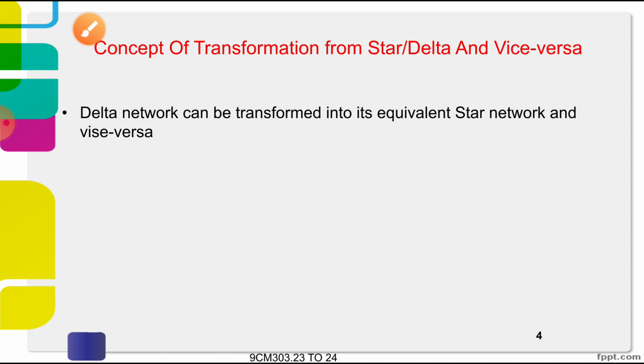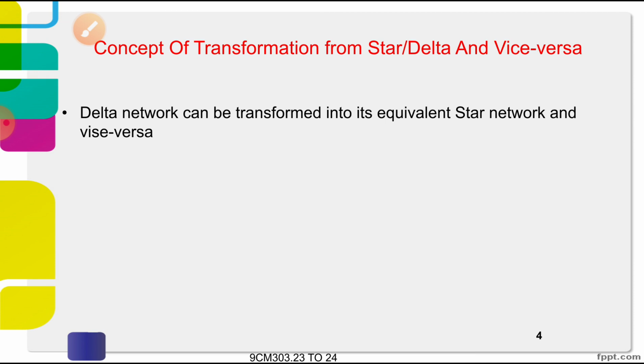Now, what is the concept here? The main concept is the transformation from star to delta and vice versa. A delta network can be transformed into an equivalent star network and vice versa. We converted one, and vice versa we are going to do.